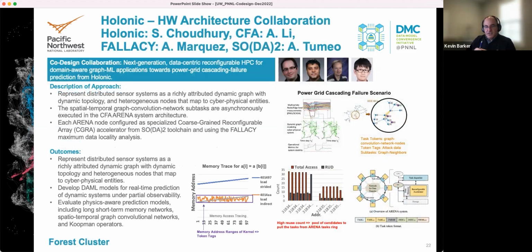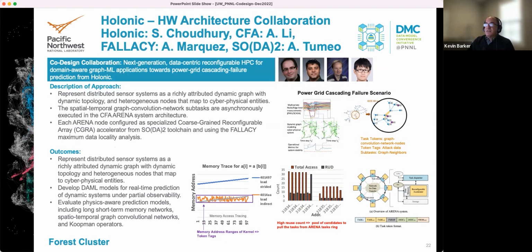So each one of these projects exists, but we don't want them to exist in a silo, because then we defeat the entire purpose of co-design. And so we had some engagement with the PIs of the individual projects come together in a co-design to illustrate our co-design approach. This slide points that out as well.